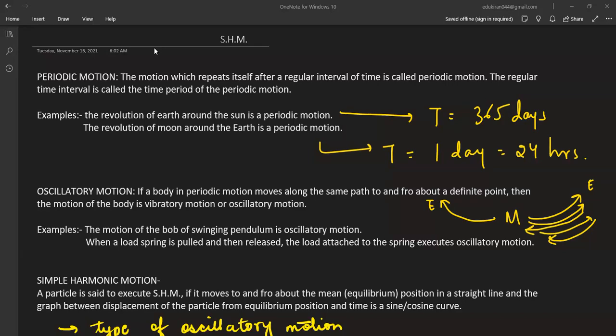So change in heat will be what in this? Since it is adiabatic, change in heat will be 0. So the work done will be minus 22.3 joules because work is done on the system. So we put a negative sign as a sign convention.